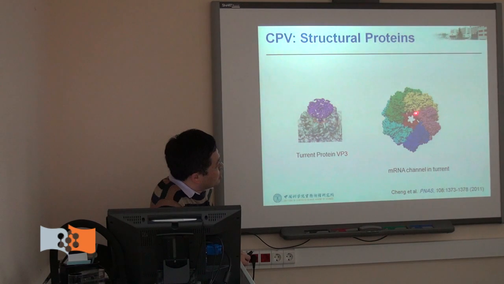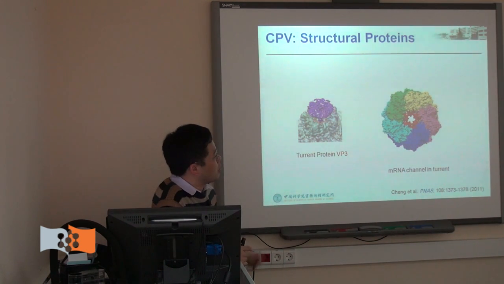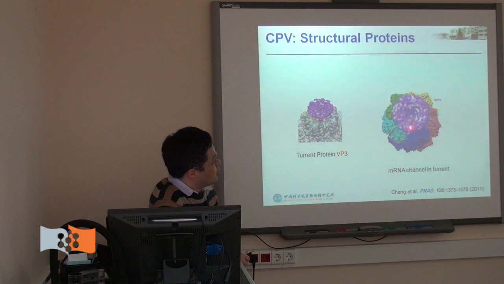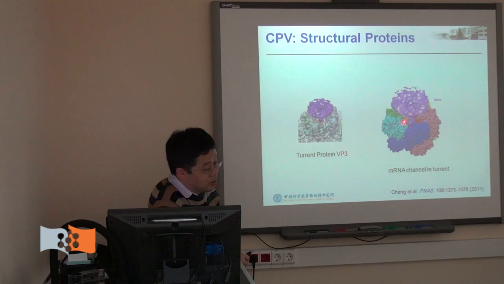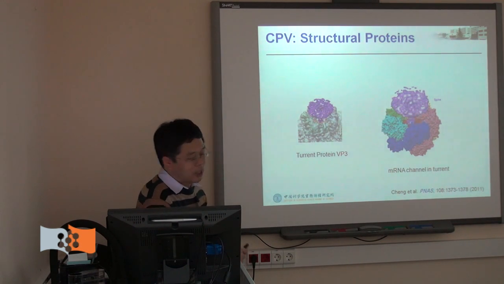The RNA can get out, and there are several debates on this, because some people support the RNA getting out from the center, but other people think it gets out from the peripheral channels.